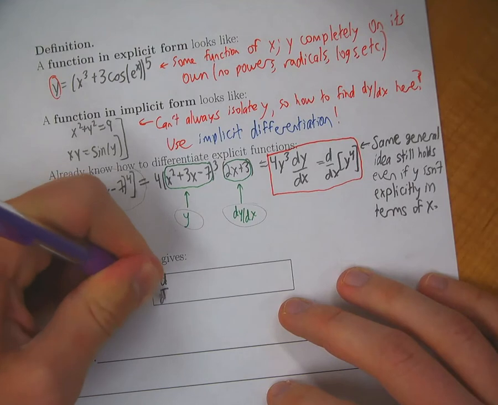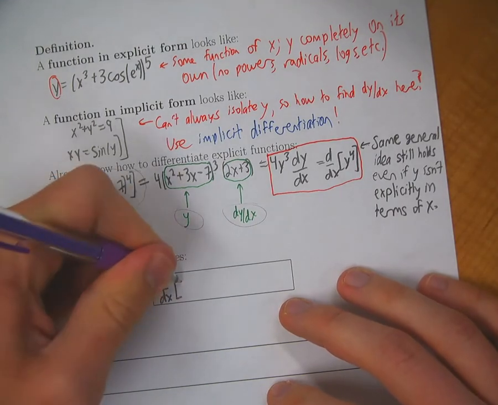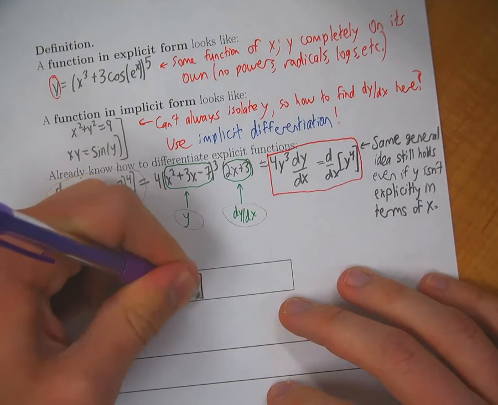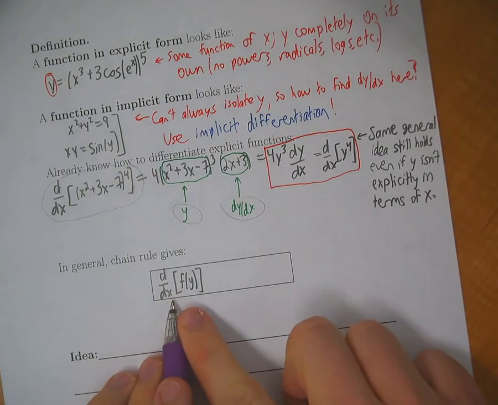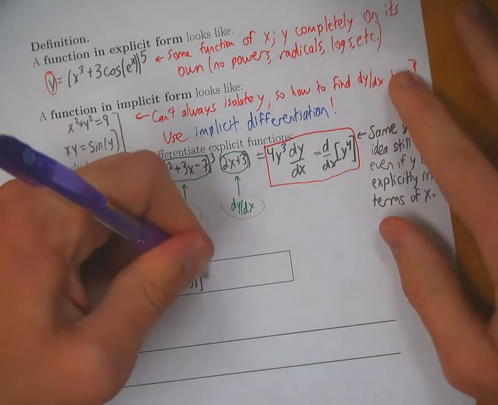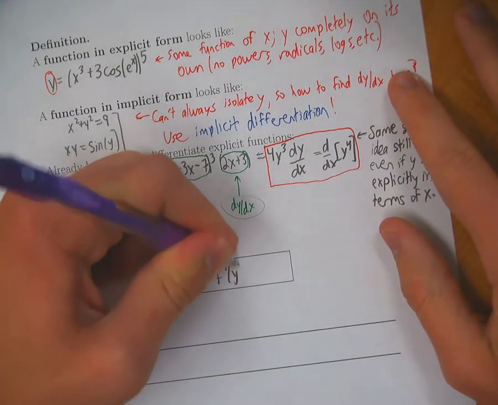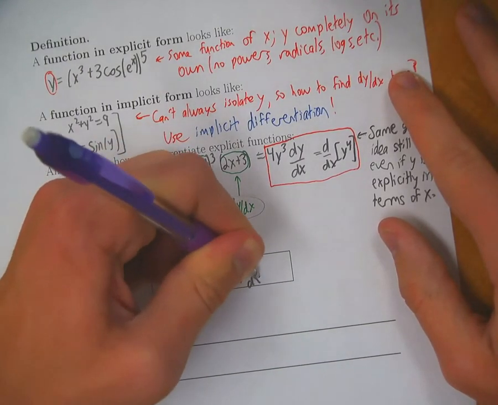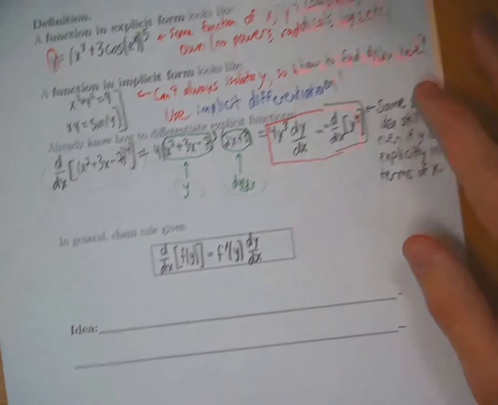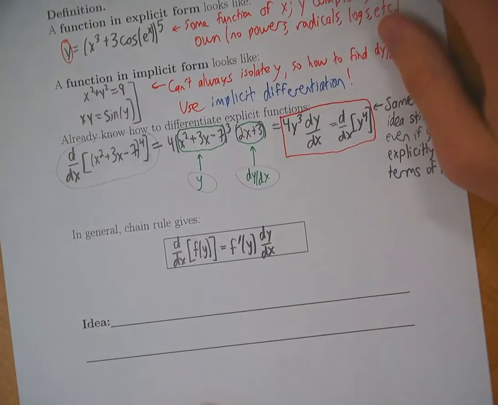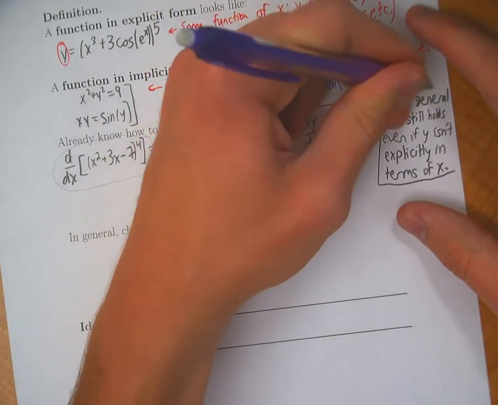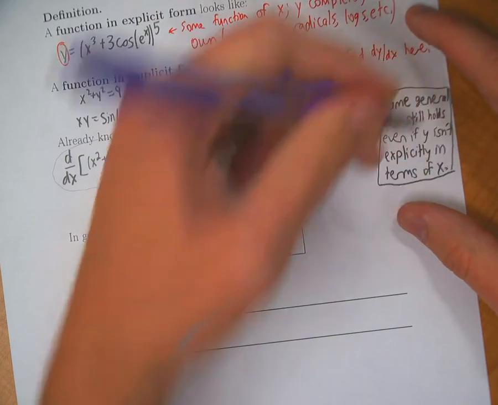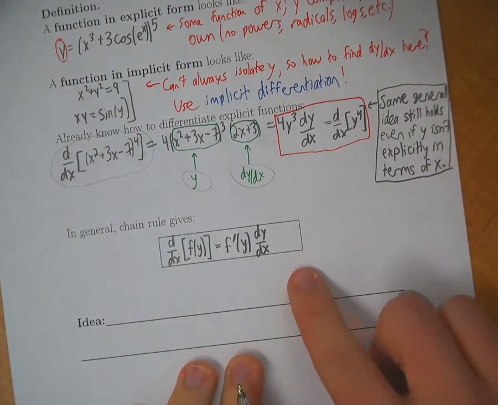The derivative with respect to x of some function f of y, again, we're letting y be some function of x here, is just f prime of y times dy over dx. Okay? I'll box this in here.